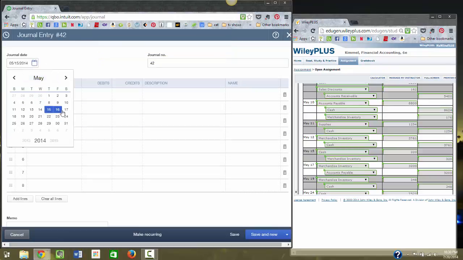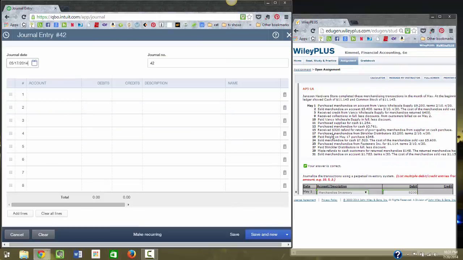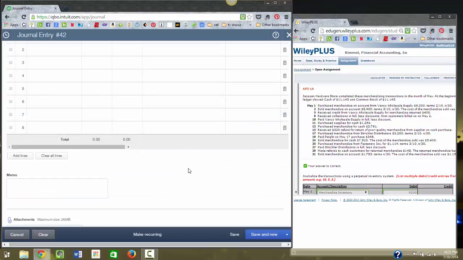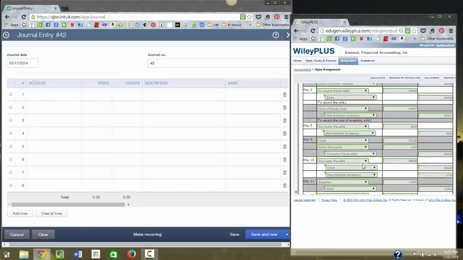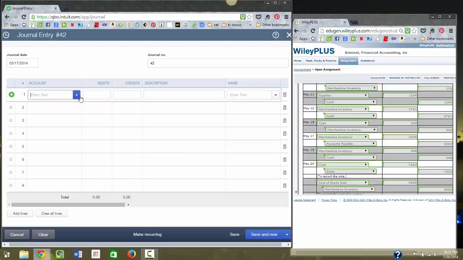Next up, we have May 17th. Change the date. Come up here, see what we have going on. Purchased merchandise from Strickler Distributors, so another vendor, for $3,200. Alright, so we are going to debit merchandise inventory for $3,200.